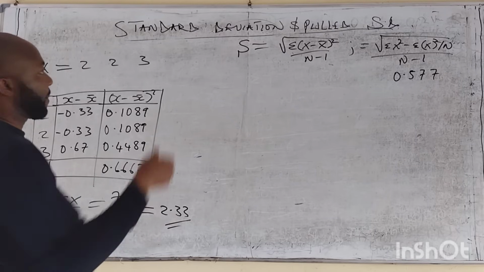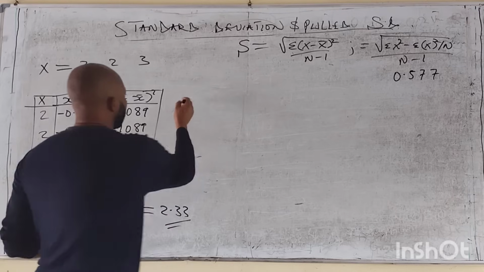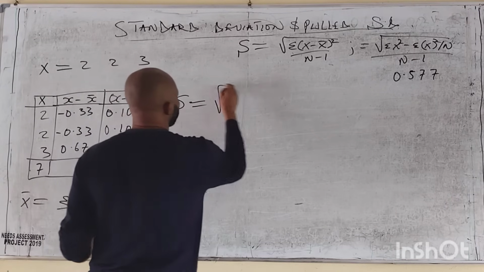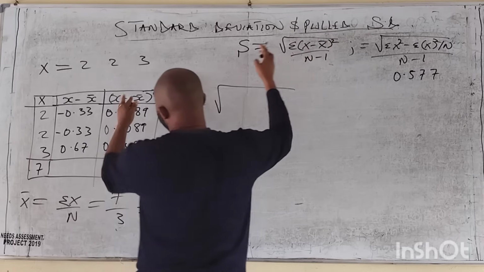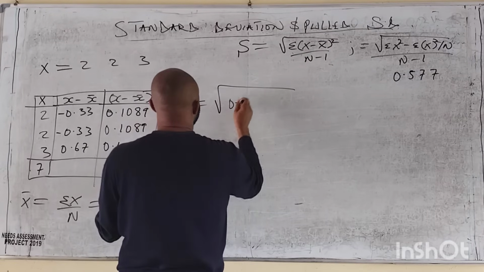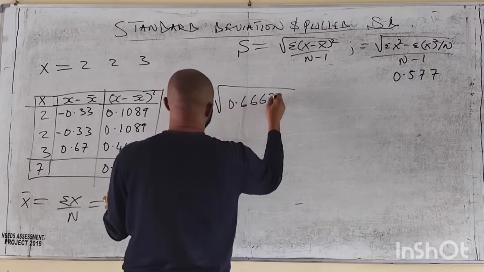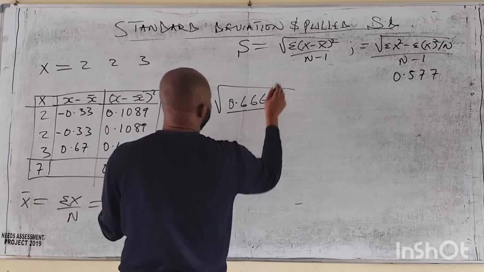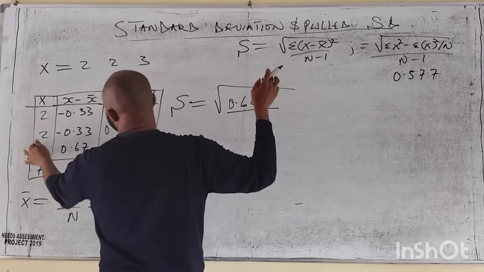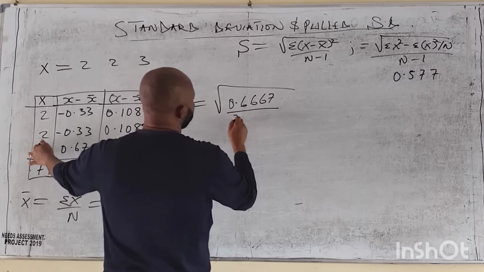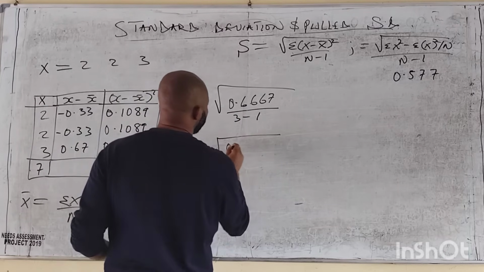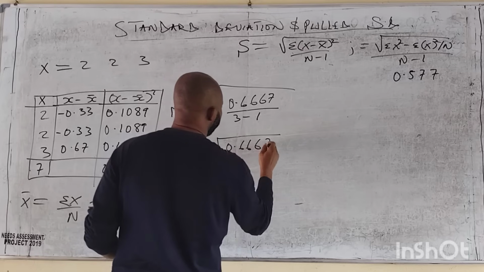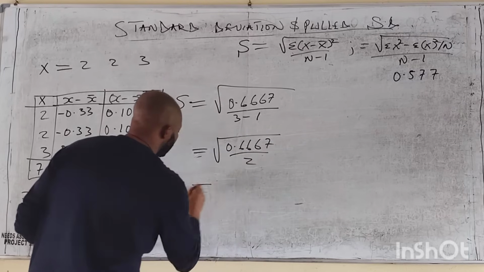From the formula, which is this, I have standard deviation is equal to the root of the summation of x minus x bar squared, which is 0.6667, all over n minus 1. N is 3, minus 1. So this is equal to 0.6667 over 2.